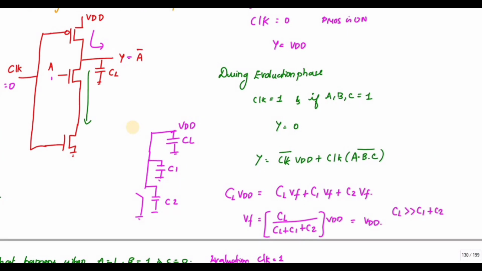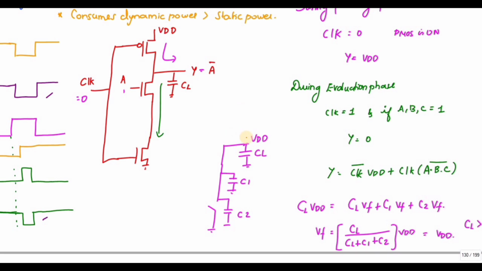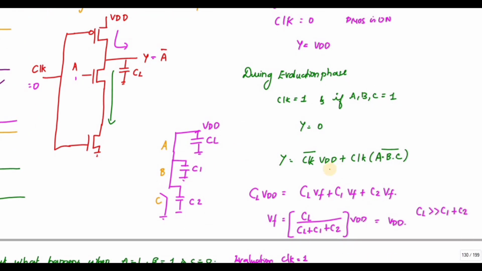The next one is the charge sharing problem. Consider that during the evaluation phase it is charged to VDD, and I have connected transistors A, B, C, where A and B are on and C is off. Initially the charge in the capacitance is VDD, so I can write Q = CL VDD, which is equal to CL VF plus C1 VF plus C2 VF.